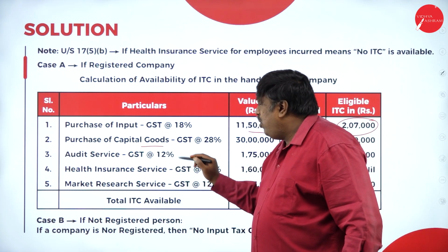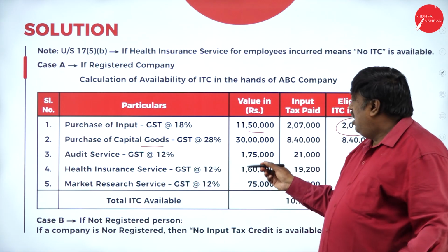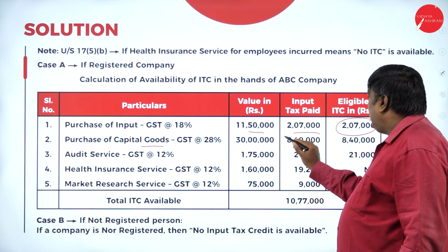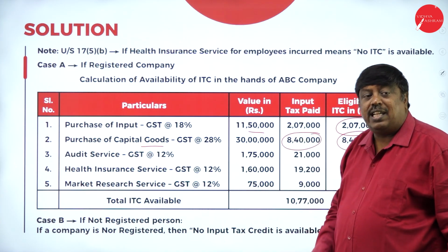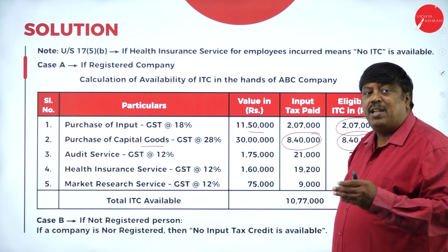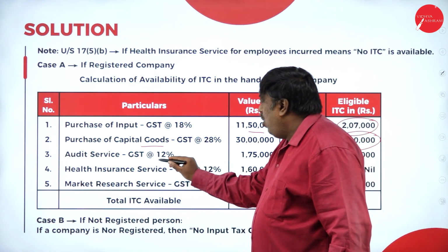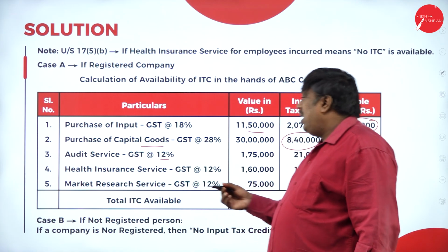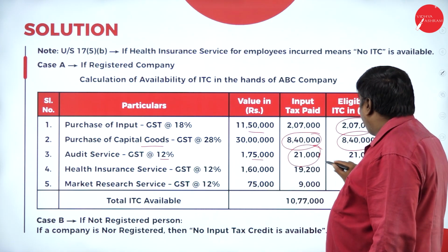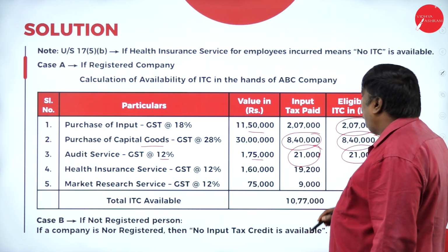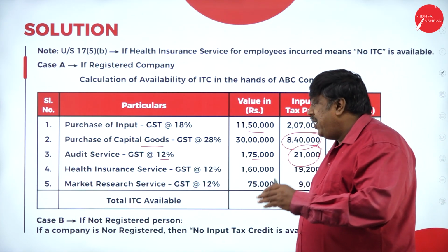For purchase of capital goods, I have not claimed depreciation here, so I am eligible for the tax of 8,40,000 whatever I have paid here. The 8,40,000 tax paid can be taken as benefit. And next, audit fees, whatever charges they have collected from us, for that I have paid 21,000. This 21,000 is eligible for input tax credit benefit.